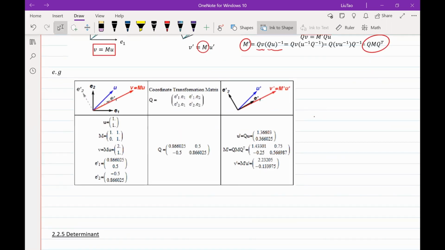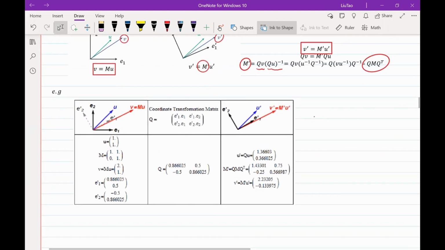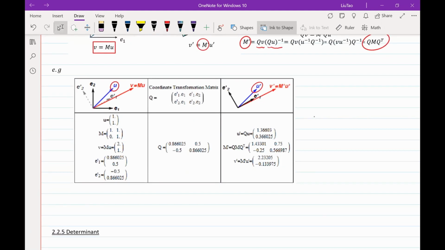Now let's take a look at an example. For this example, we have one blue vector and a red vector, and the blue vector is denoted as U in the first basis set, E1 and E2, and U prime in the second basis set, E1 prime and E2 prime. Then U prime is equal to QU because we changed the basis.